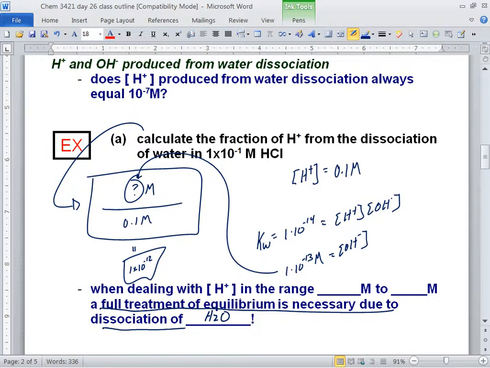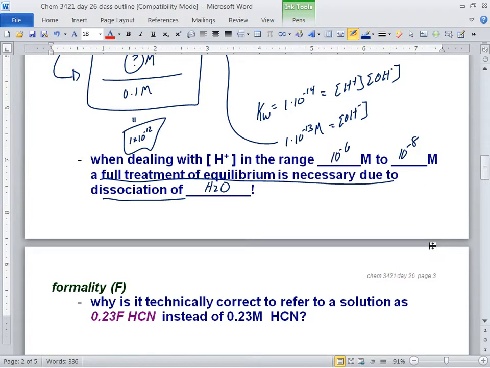Like what's normal is 10 to the negative 7. So 10 to the negative 6 to 10 to the negative 8. If it's more dilute than 10 to the negative 8, it's so insignificant you don't even care anymore. But if it's in that range, oh geez, we have to do a full systematic treatment of equilibrium. Okay.